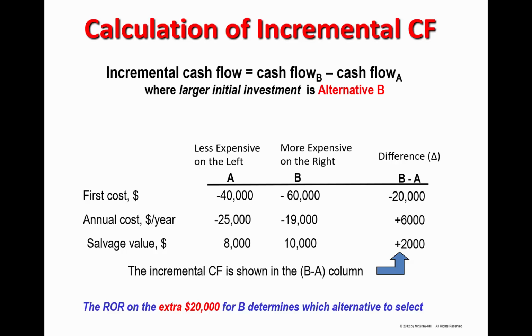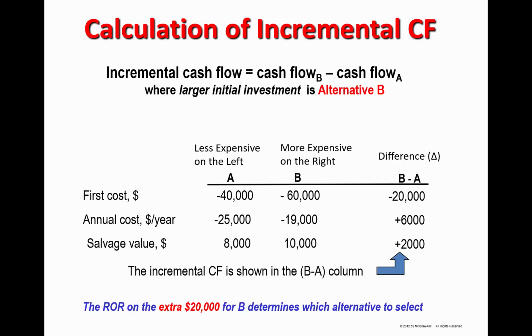Now, whether to go with option B is determined by analyzing the rate of return on the incremental cost. The question that you would want to solve in an incremental analysis is, should I buy the more expensive option, or should I just get the thing that's cheaper? And you face questions like this all the time.